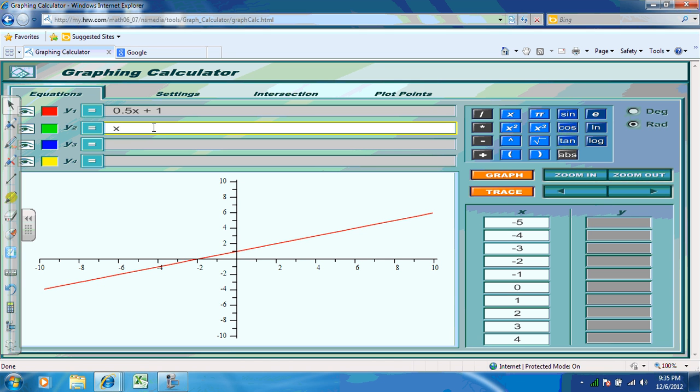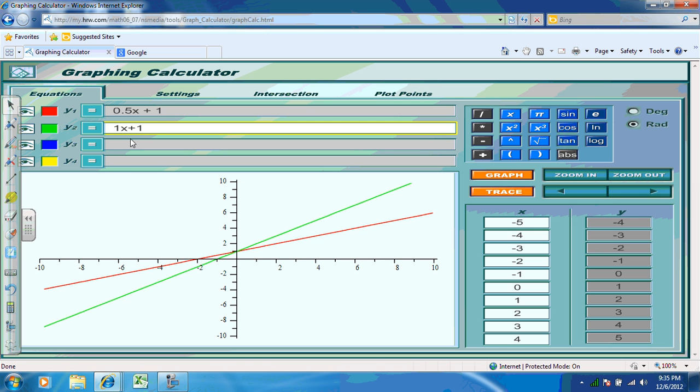So if I type in x plus 1, the green line is going to be slightly more elevated. You can see the line here, the green one, because technically we have a 1 here. 1 is a little bigger than 0.5, so it's got a higher elevation than the first one.